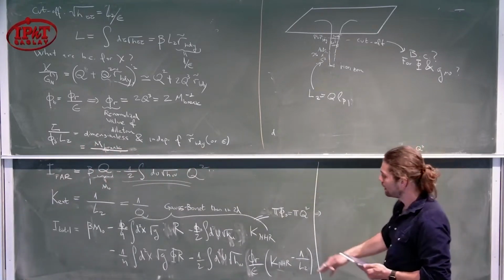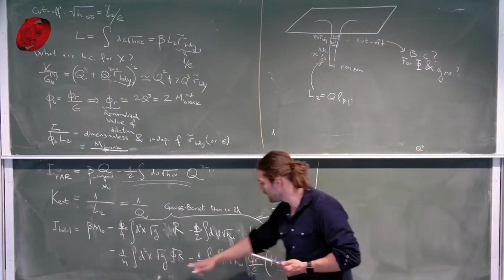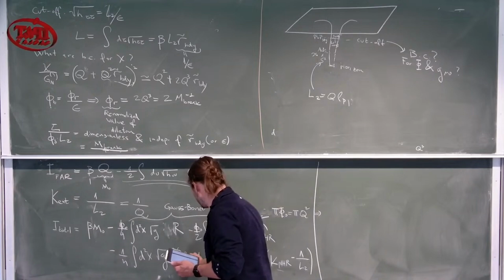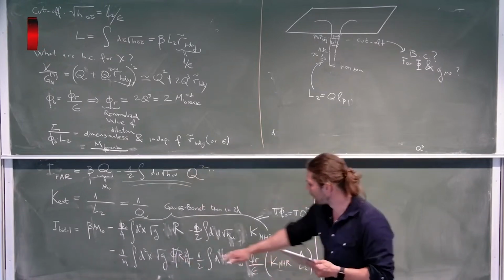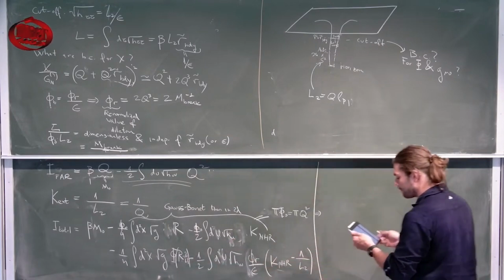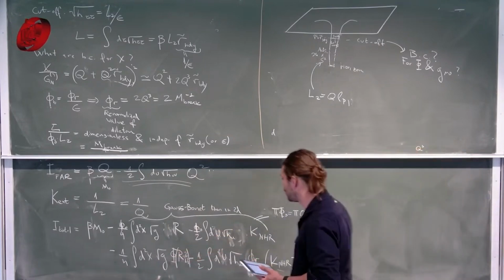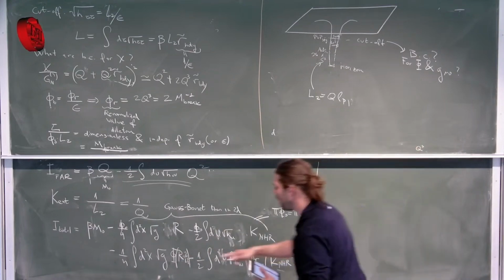We can, again, as we did a couple of days ago, integrate out, oh, I forgot that this R is multiplied by R minus 2 divided by L2 squared. Okay, so as we did a couple of days ago, we can integrate out phi.